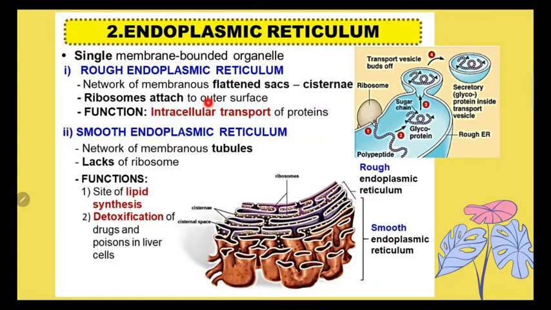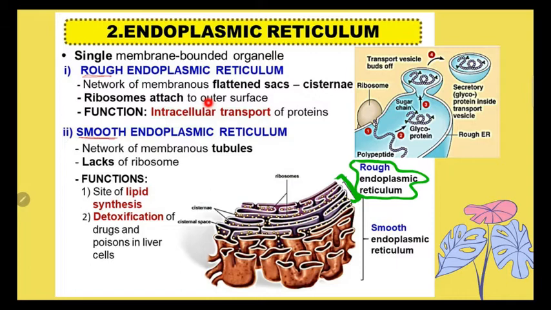Okay, next organelle is endoplasmic reticulum. It is a single membrane bounded organelle. Only a single membrane. There are two types of endoplasmic reticulum: rough endoplasmic reticulum and smooth endoplasmic reticulum. This is the structure of rough endoplasmic reticulum, the region here.